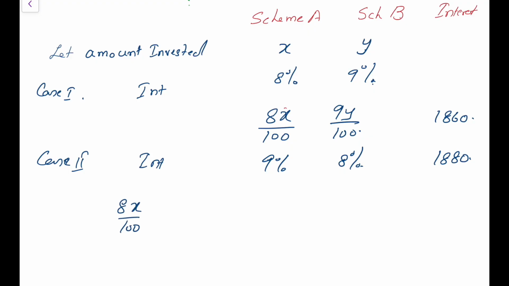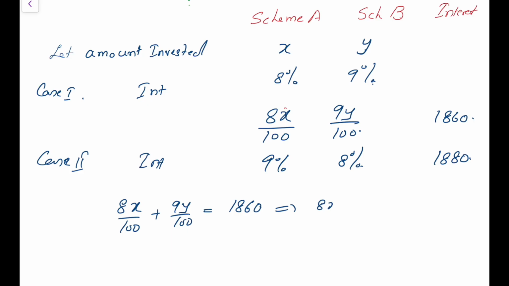Now we will make the equation. So 8x by 100 plus 9y by 100 equal to 1860. Here it's only the interest, not the total amount she received. If it was total amount, then you have to add the amount invested plus the interest. So read the question carefully and write the statement accordingly.